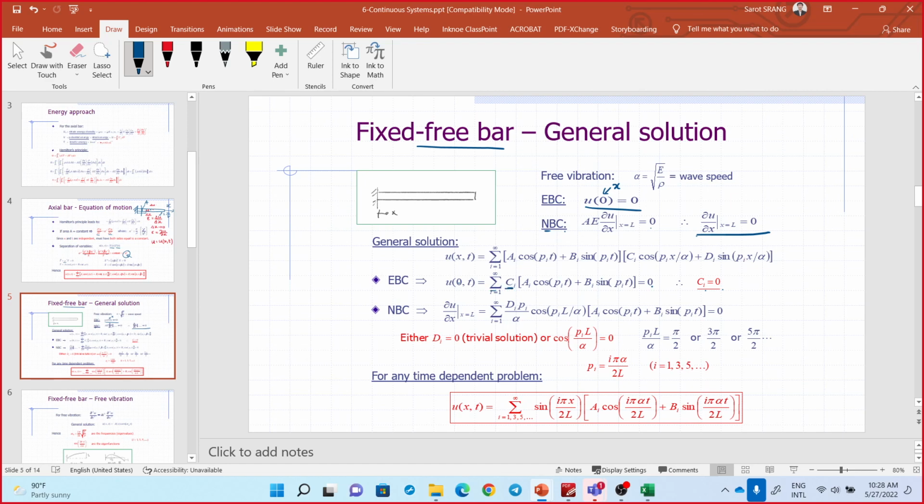Then we got Ci equal to 0. And using the boundary condition at this point, we substitute this term equal to 0. Then we can find the value of pi equal to this. So pi is a multiple of pi alpha over 2L, where i is an integer number.